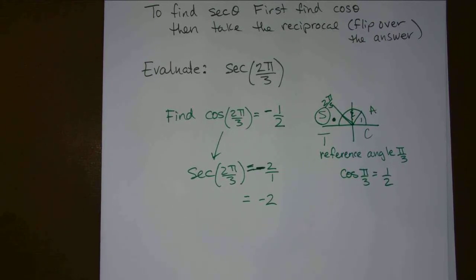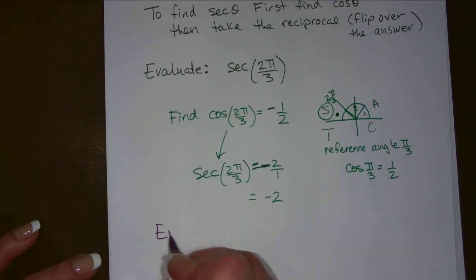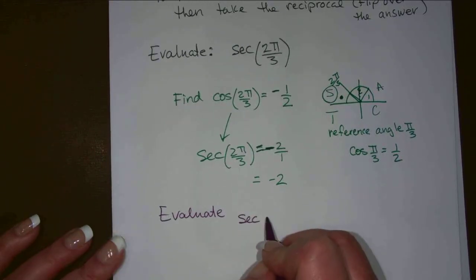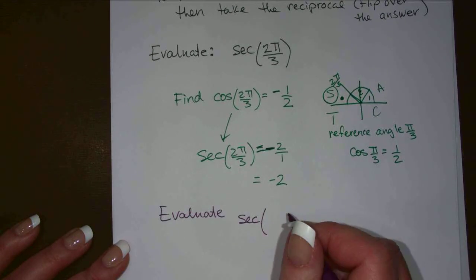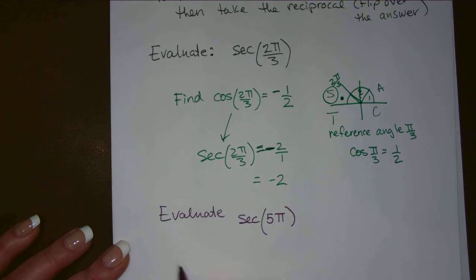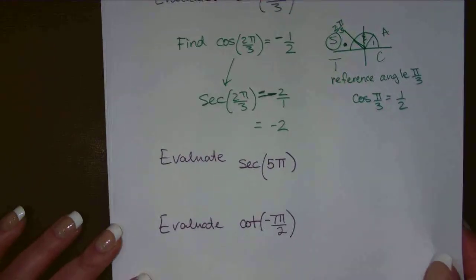When we do perpendicular lines, that's a negative reciprocal, but this is just the reciprocal. Okay, so we'll do 2 more of these.